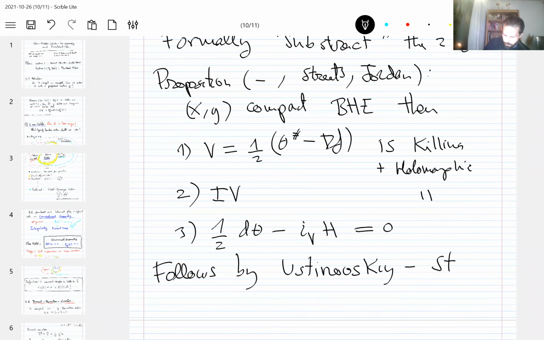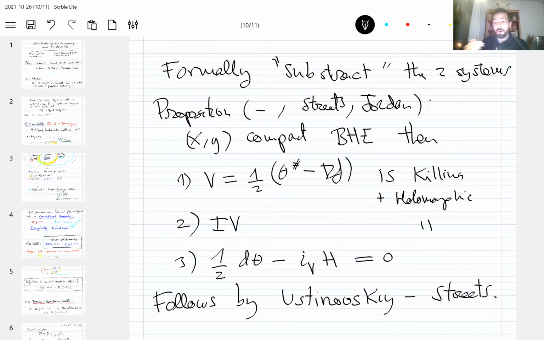It's essentially the same analysis, but here we have further the condition that not only V is Killing and holomorphic, but also its rotation IV by construction.